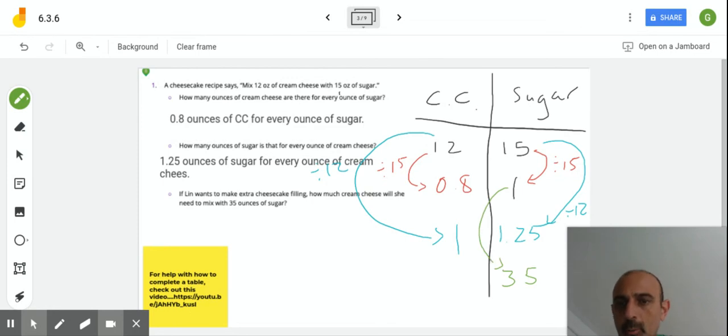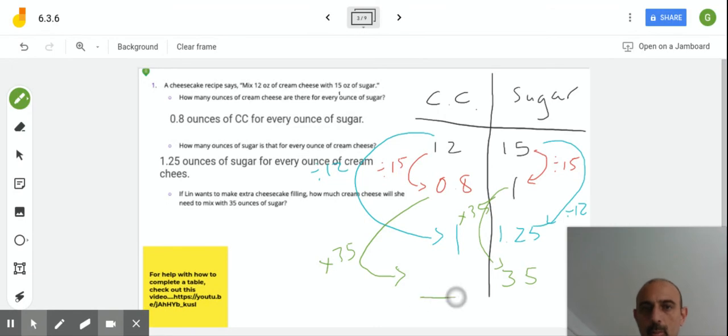what did I need to do to get from 1 to 35? So we're not dividing now, but instead we're multiplying by 35. So I'm going to multiply 1 by 35 to get to 35, and then I'm going to multiply 0.8 times 35 to get to how much cream cheese I would need. Hey Siri, what's 0.8 times 35? 0.8 times 35 is 28.